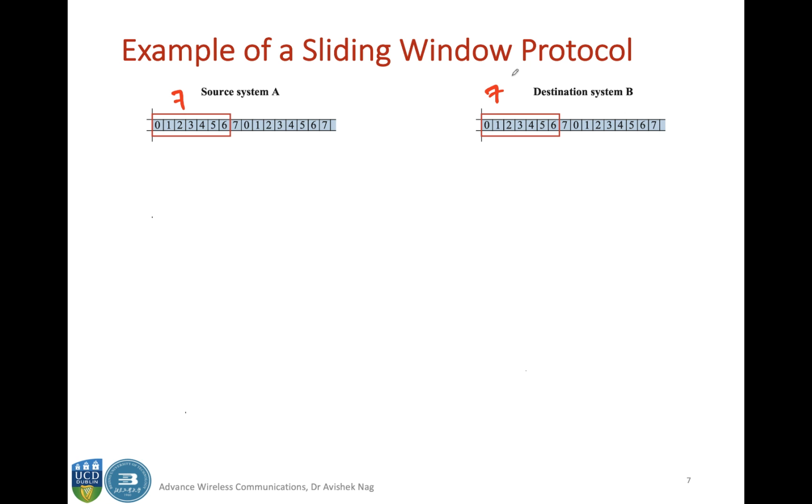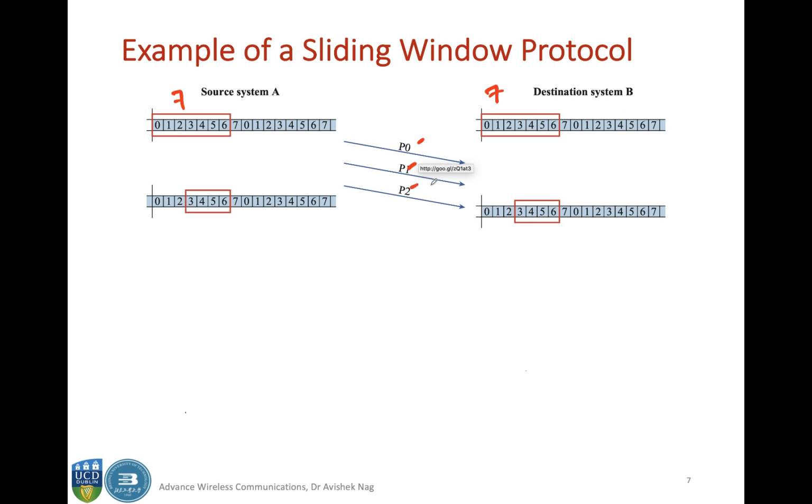Now let's assume that the source sends 3 PDUs, P0, P1 and P2. So as the source sends P0, P1, P2, its window size shrinks from 7 to 4, since it has sent these 3 PDUs.